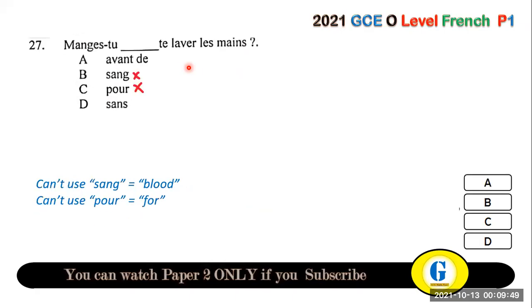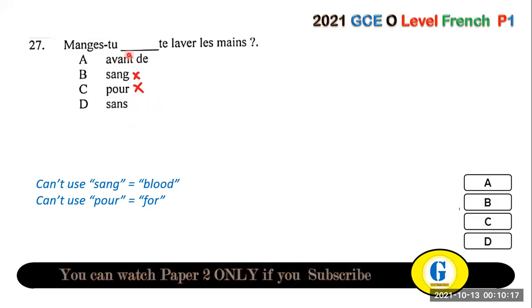I'm coming instead. Manges-tu blabla te laver les mains? So we cannot use the second one, sang. This second one is blood. Manges-tu sang, eat blood. Washing your hands. The last one is without, and the first one is before washing your hands.